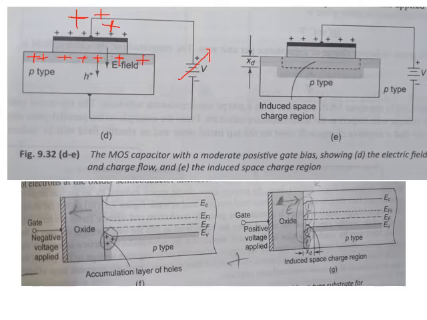One of you. Am I audible? So what will happen? I am giving positive potential. What will happen to the holes? Holes are present here, right? Whether they will be attracted or repelled?